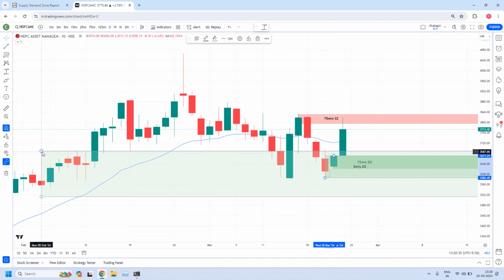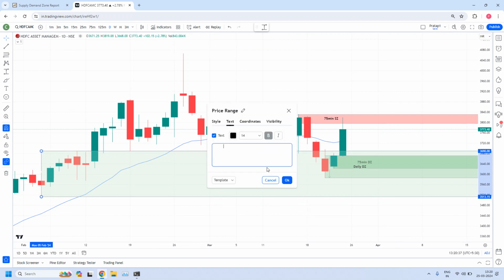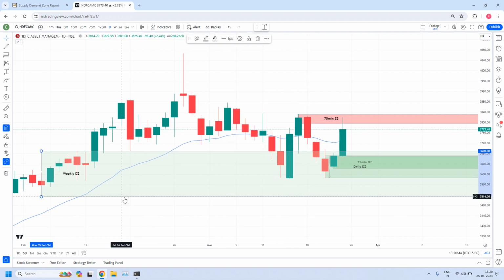And this one is the weekly demand zone. We didn't label. See here, inside the weekly we have a daily zone. Inside the daily we have a 75-minute zone. So this is a very good combination.